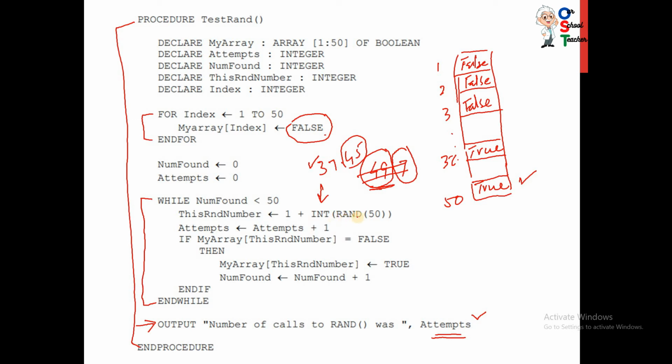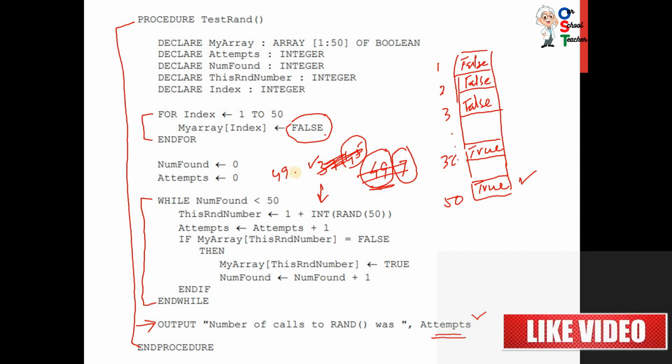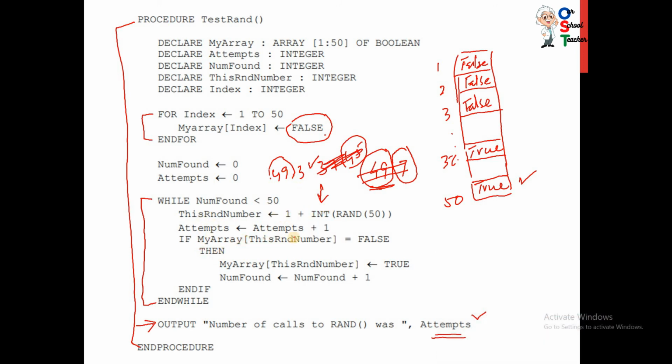For example, if again it generates a number, let's suppose 49.3. Because of this int, it will output only 49, and 49 plus 1, 50. Then attempt is equal to attempt plus 1. Again, 1 will be added here.